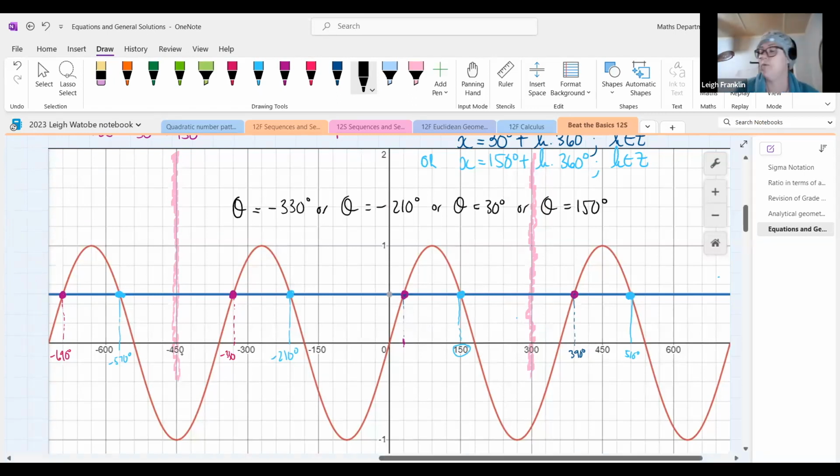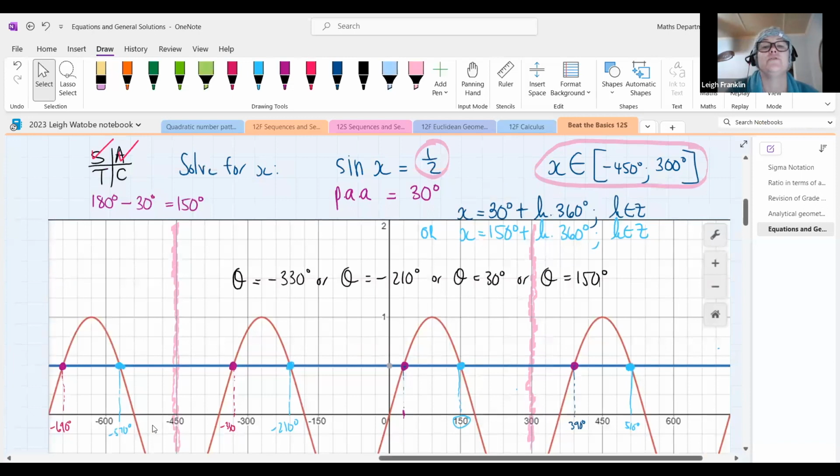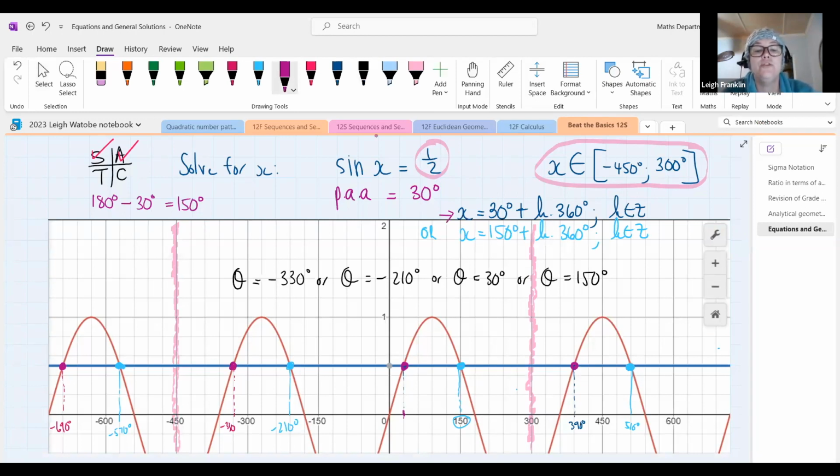Those would be our appropriate solutions. The minus 330 and the 30 come from the first general solution, this one over here. The minus 210 and the 150 come from the second general solution, that one over there.